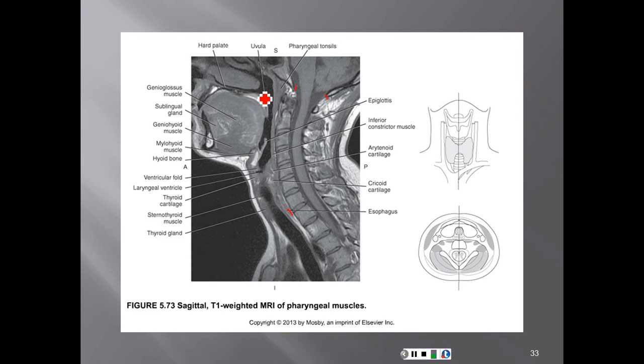And then where the palatine bone ends, there's a layer of tissue that hangs off of it, and that is called the soft palate. So this hard palate is actually the palatine bone. The maxillary is the most anterior portion. The palatine bone is the posterior section. The piece of soft tissue that hangs off is called the soft palate, and it leads into the uvula.